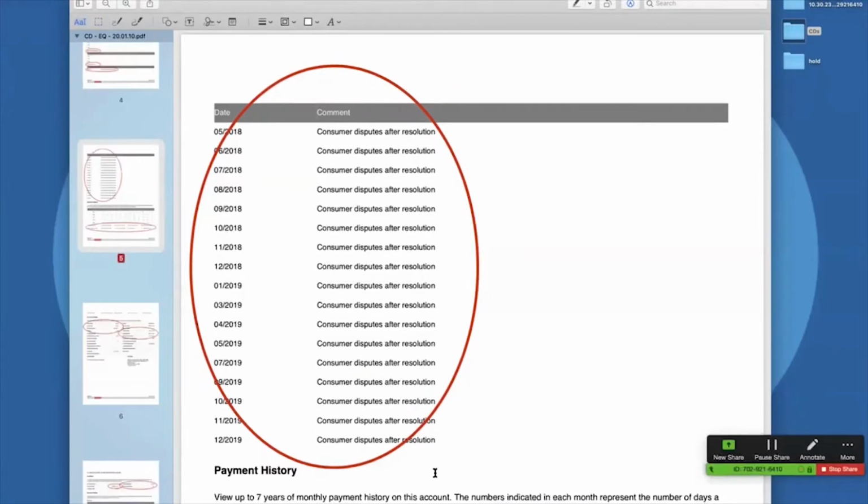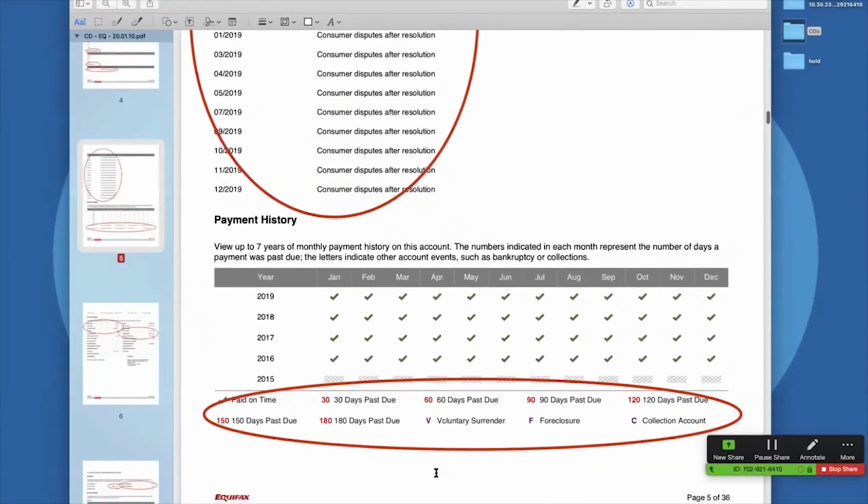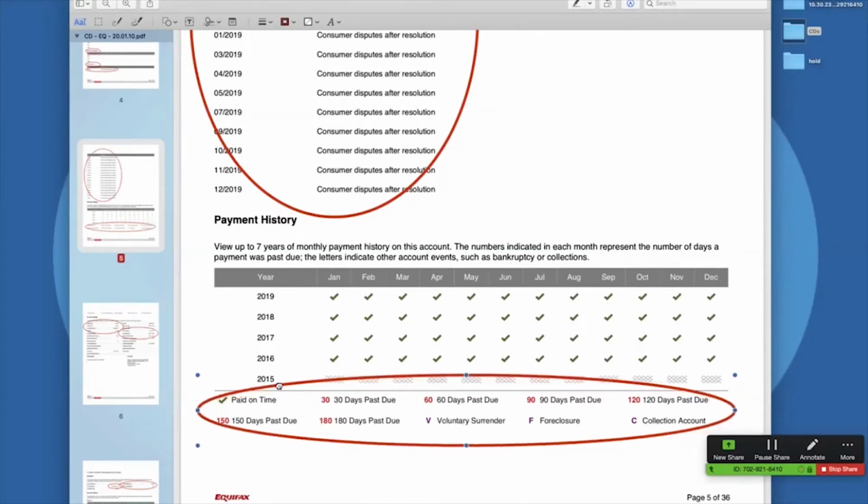All right, so let's continue now on the payment history. Notice here are the indicators, right? The legend: a check mark means that you've paid on time, as you can see right there, paid on time every single month, and it wasn't open in 2015, so of course nothing is registered.